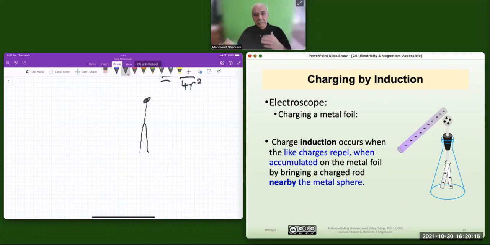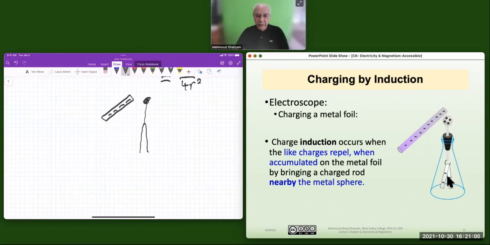Now, if you charge your plastic or PVC pipe or a piece of rubber, and you bring that near this, because this is negatively charged, it actually induces the charges on this piece of metal. In other words, it pushes back the negative charges further down, because this is a conductor, down to this piece of foil.